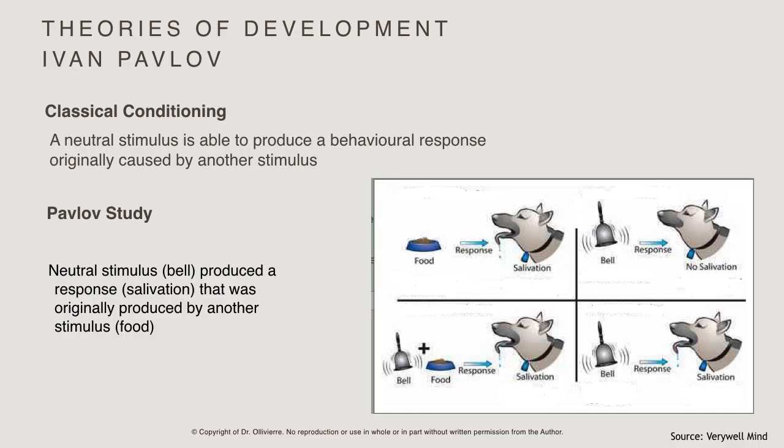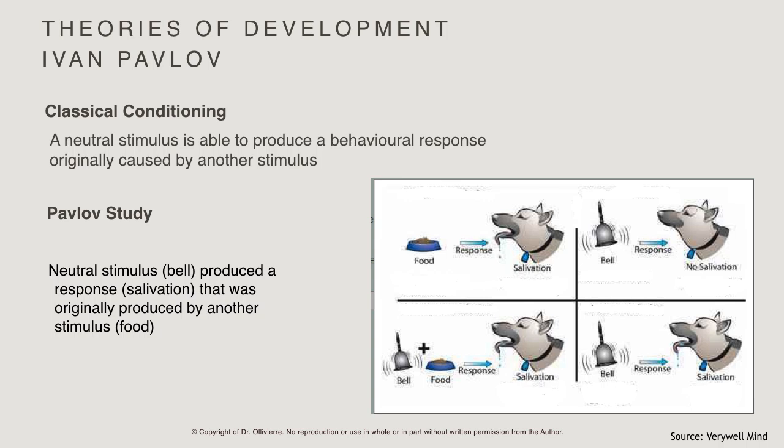When we look at Ivan Pavlov, we see that he had a theory called classical conditioning. He believed that when you pair a stimulus with another kind of response, you can generate the behavior or response that you are looking for.